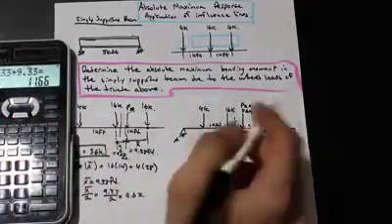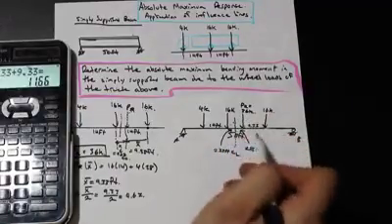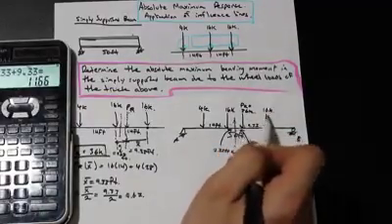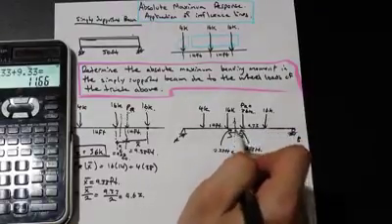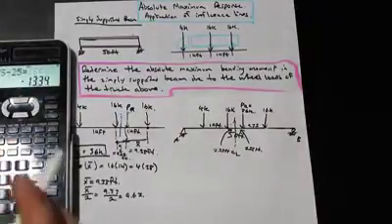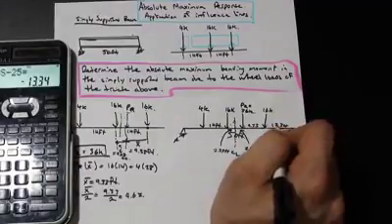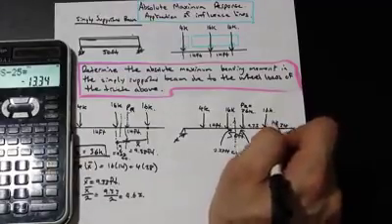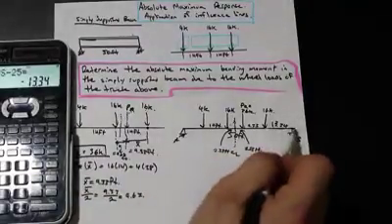I don't want to write too much here because it'll get messy, but the distance from the center line to the 16 kip force is 11.66, and we know this whole distance is 25, so 25 minus 11.66 is 13.34.